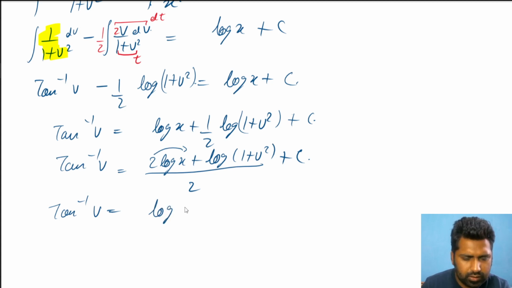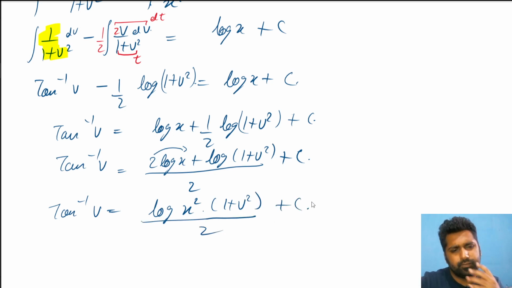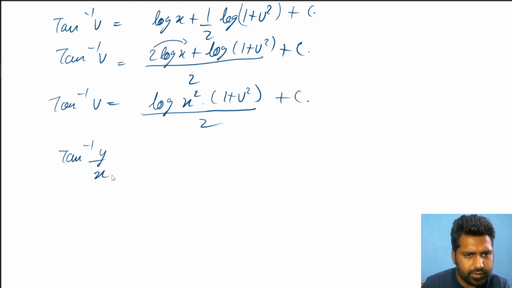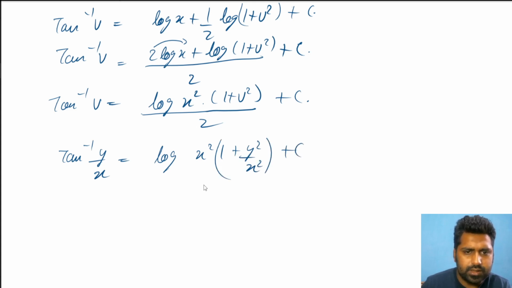So that is log x square into 1 plus v square upon 2 plus c. That's the maximum you can do. Now replace v by y by x. So tan inverse y by x, you cannot do anything about this, is equal to log x square 1 plus y square by x square plus c, and upon 2 I'll write here 1 by 2.